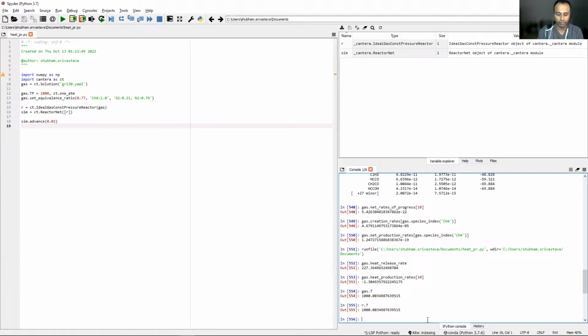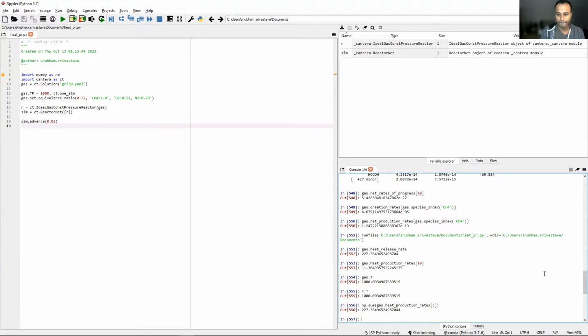Let's say we sum, say np, and this is where numpy comes in. So we say np.sum, and we sum all of the heat released by each and every reaction, so heat production rates. Okay.